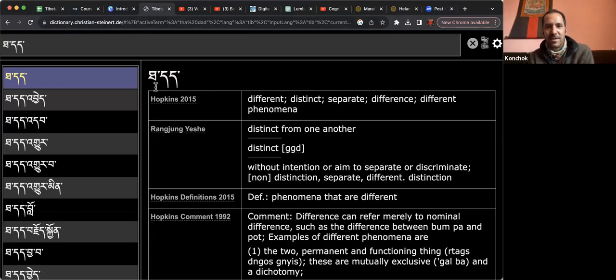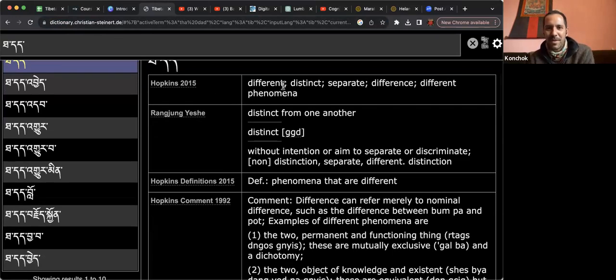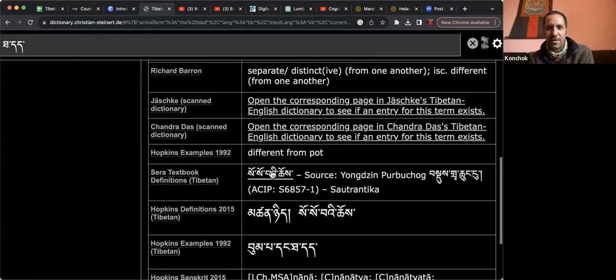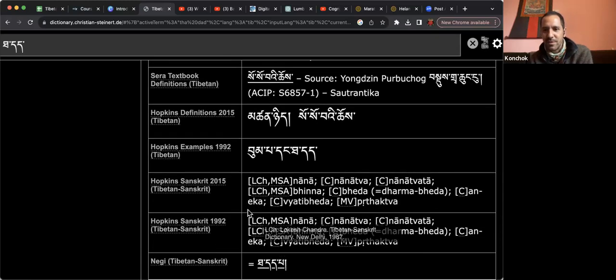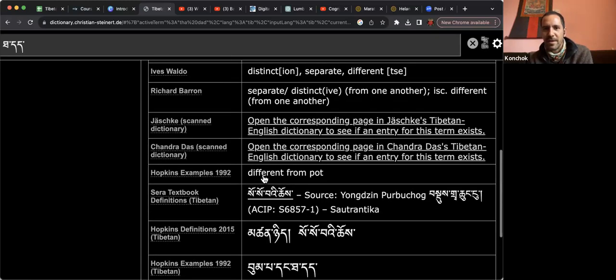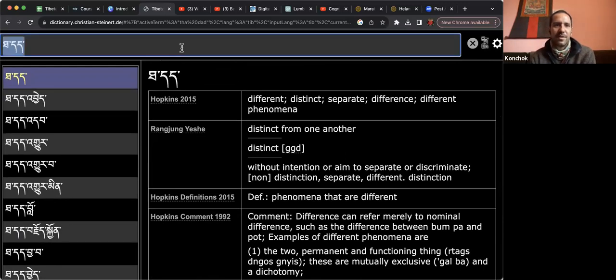In this case, this is the word I'm looking up. I'm not going to say it because I haven't covered this rule yet. But this is one dictionary definition, then there is a Tibetan dictionary, and then there is Sanskrit also on the bottom. So it's a really nice dictionary. Let's see.